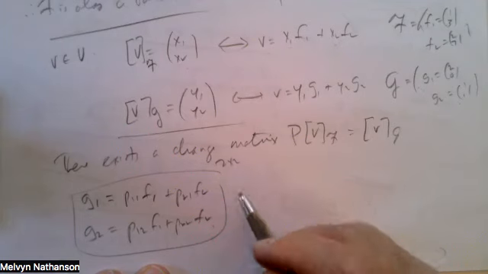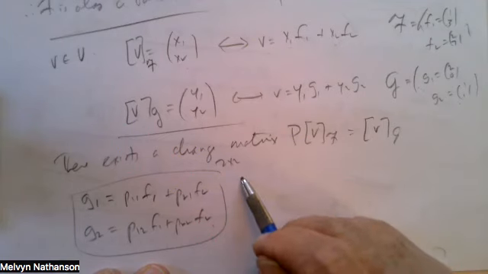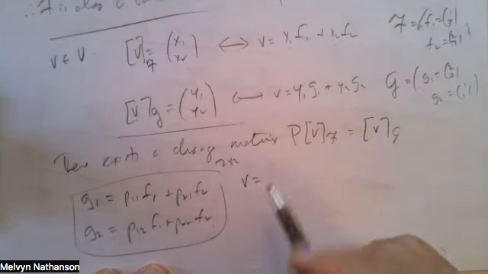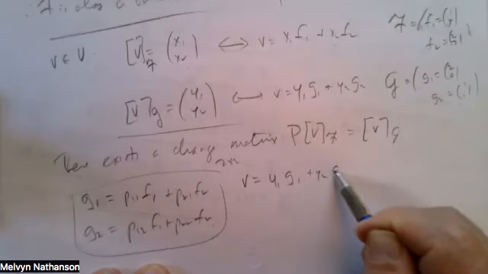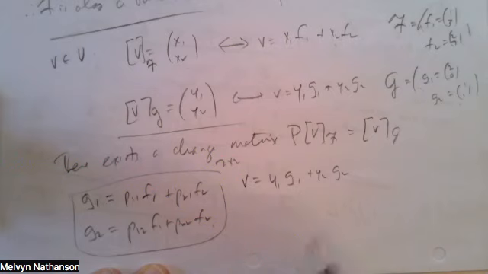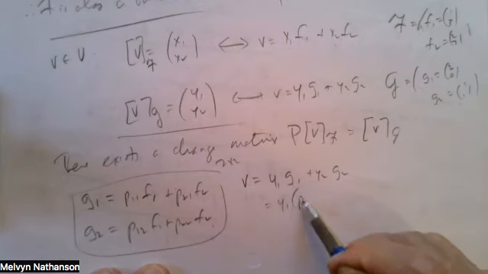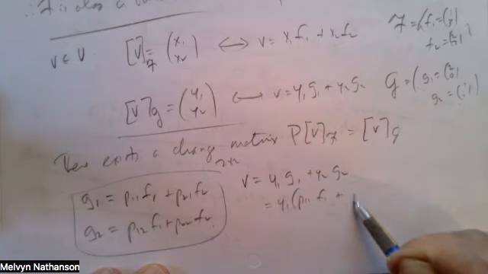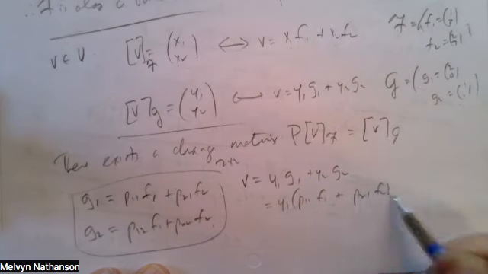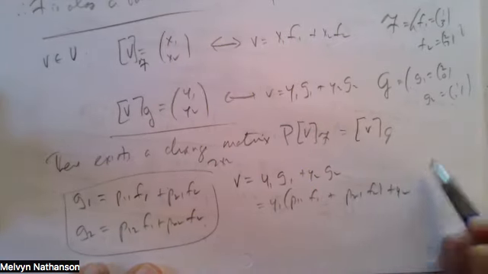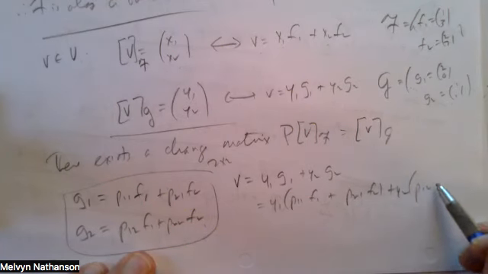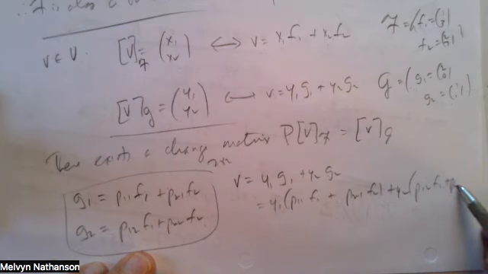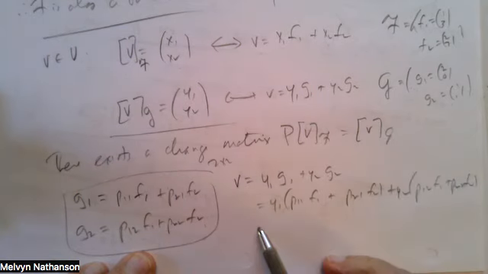What does this mean? Suppose I have a vector V, which is some linear combination Y1 G1 plus Y2 G2. That's Y1 times (P11 F1 plus P21 F2) plus Y2 times G2, which is (P12 F1 plus P22 F2).